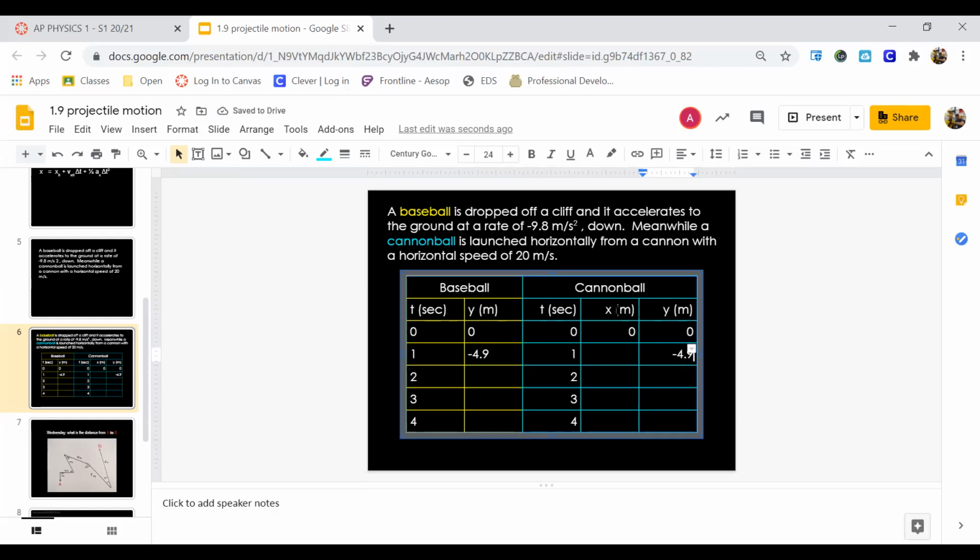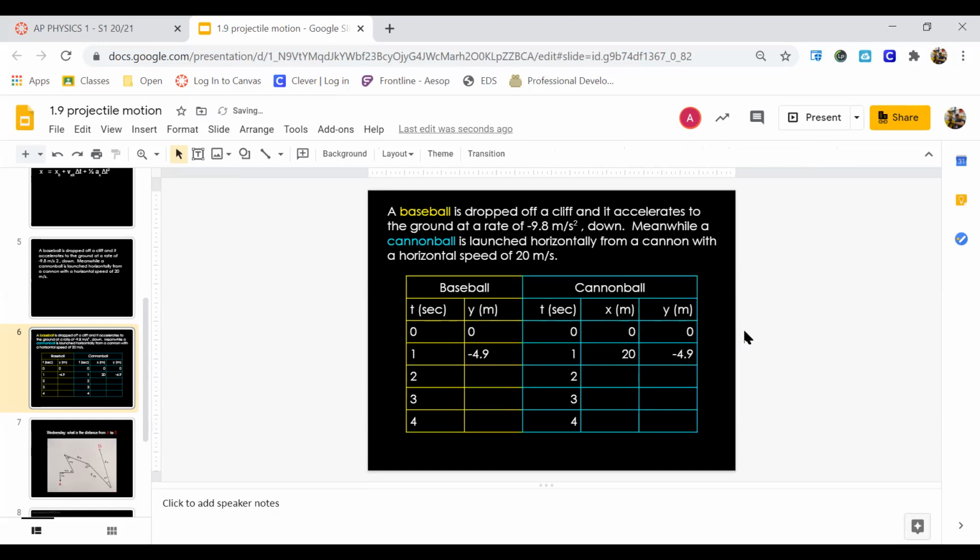Notice our units are already on the top, so I don't have to write down the units again. And the cannonball's x was 20. So now you can continue the pattern down the line.